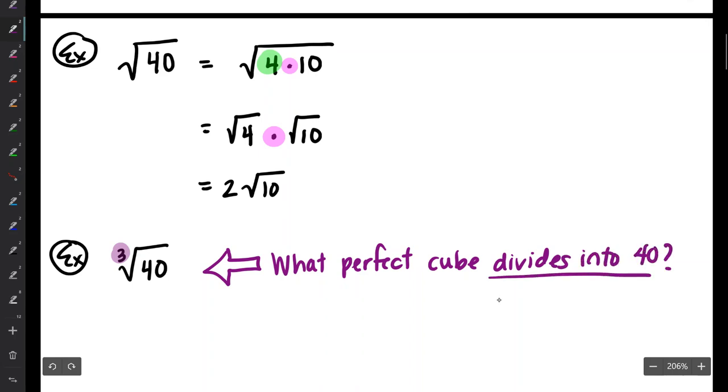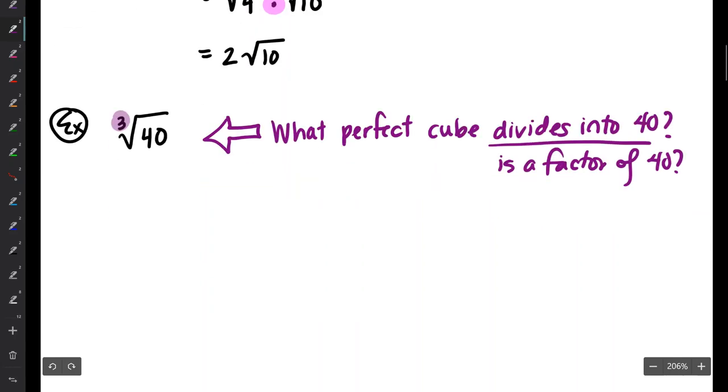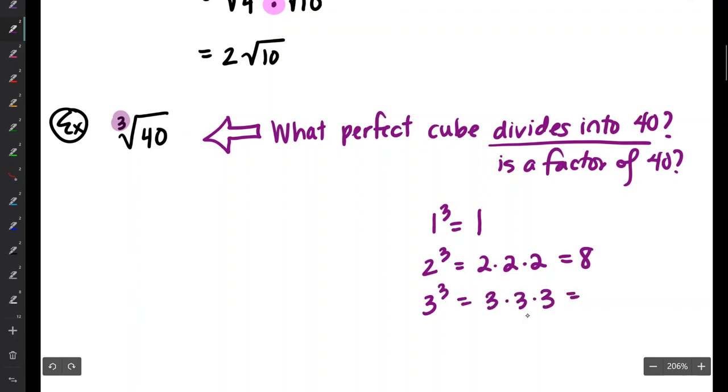By this we mean a perfect cube that is a factor of 40. So let's write some perfect cubes. 1 cubed is 1 times 1 times 1, which is 1. 2 cubed is 2 times 2 is 4, times 2 is 8. 3 cubed is 3 times 3 times 3. 3 times 3 is 9, times 3 is 27.